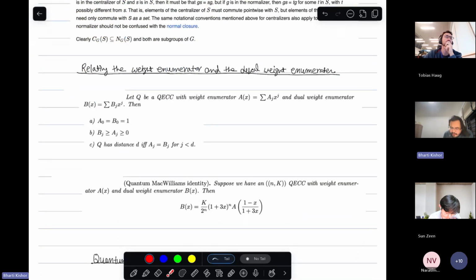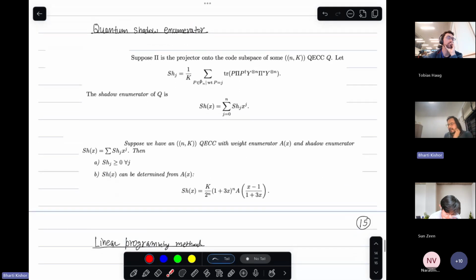And in fact, you can relate the weight enumerator and dual weight enumerator using a couple of theorems. So there is something called the quantum MacWilliams identity, which relates how the weight enumerator and dual weight enumerator are related to each other for a code. For a valid code, this is how they are related.